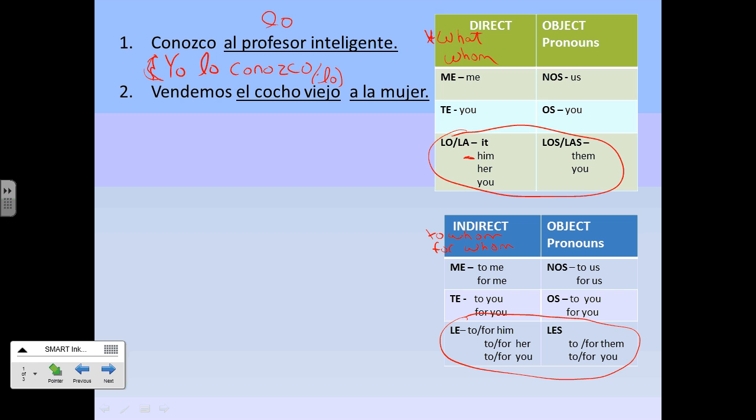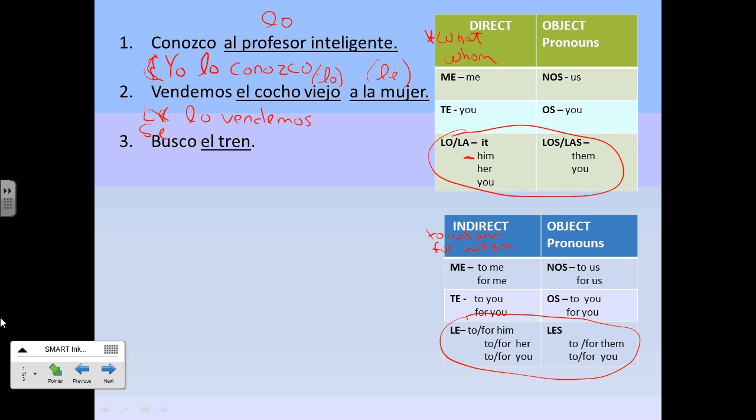So we want to say we sell it to her. You have to look at the indirects, which is le. Then when you rewrite the sentence, you would say le lo vendemos. You can't have two L's next to each other, so the le changes to a se.